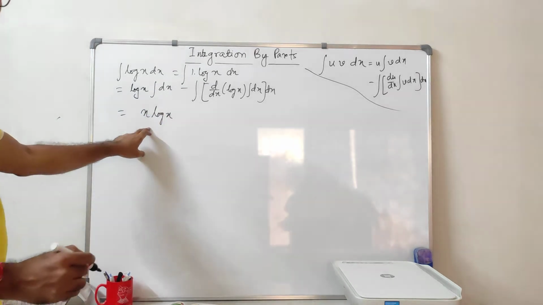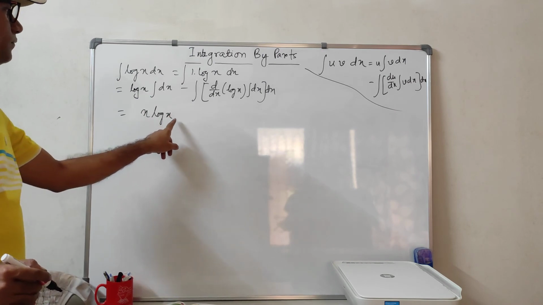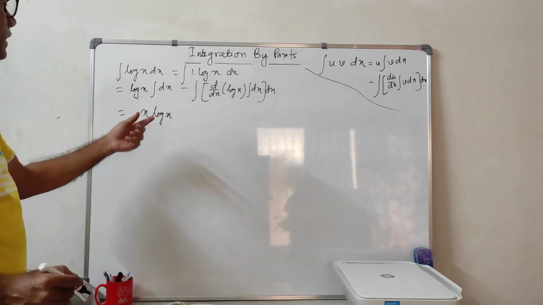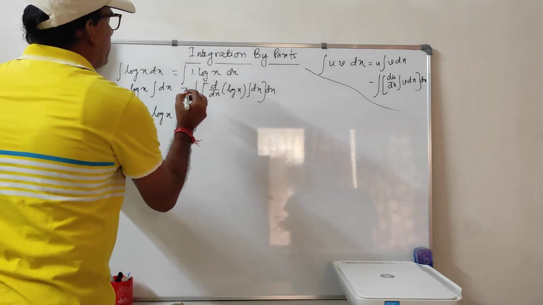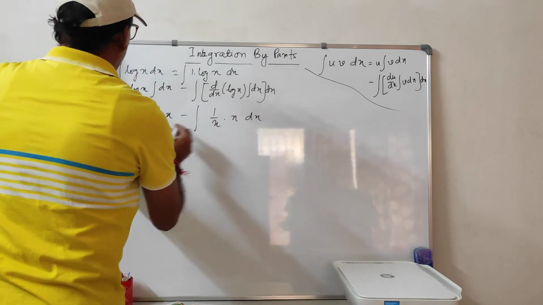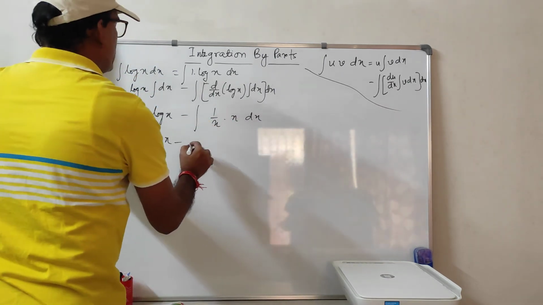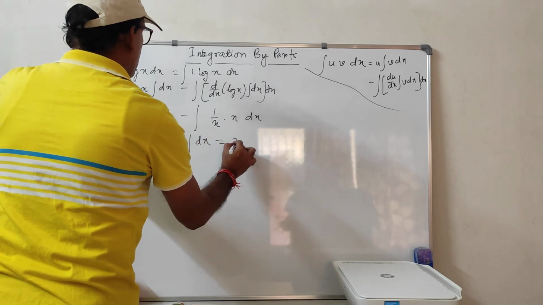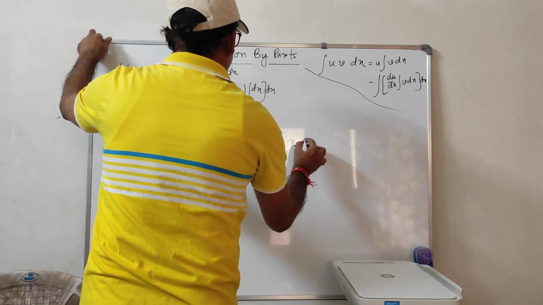Write x before log x, because if you write x after this, it will be confusing. Minus integration 1 upon x into x dx, x will cancel out, integration dx means x. So x log x minus x plus c.